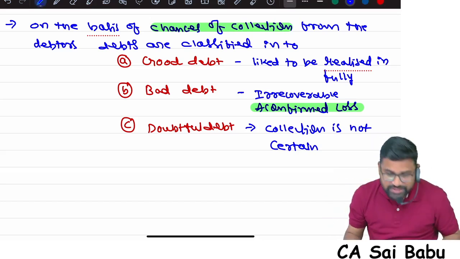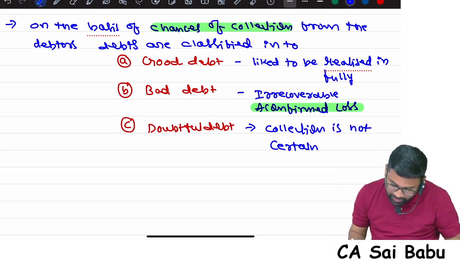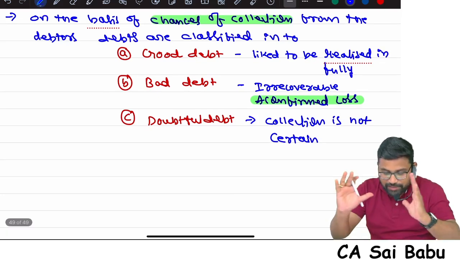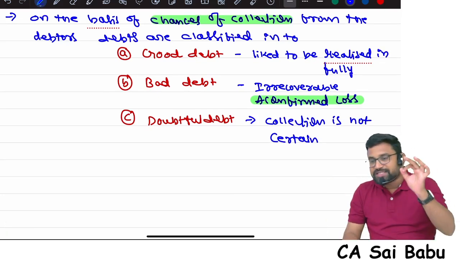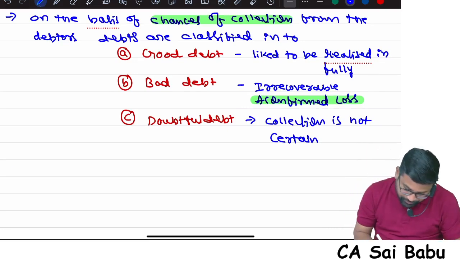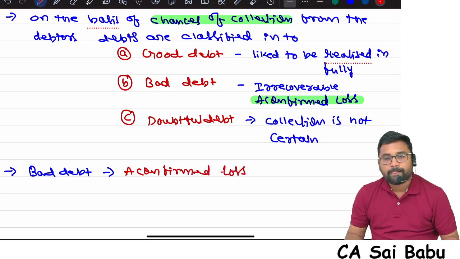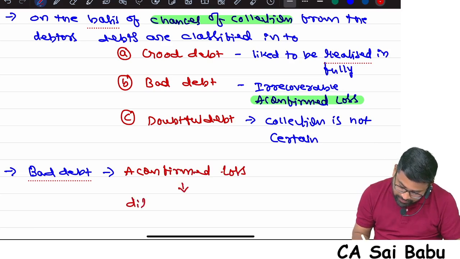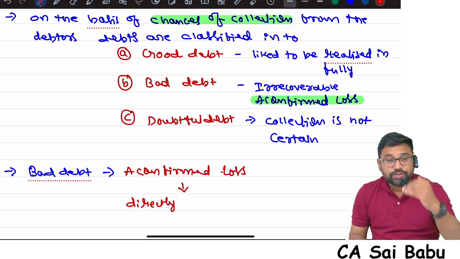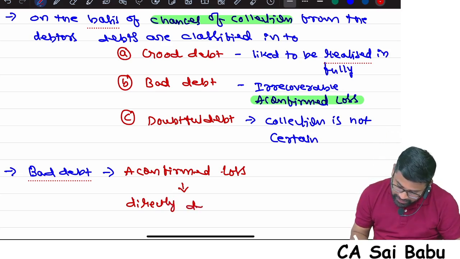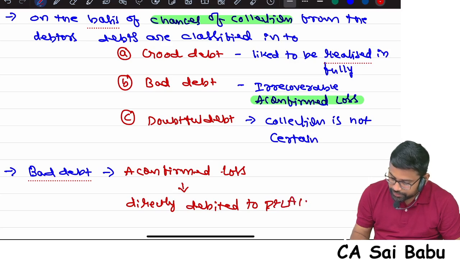So this is the accounting for bad debts. Basic accounting treatment I am explaining, sir. If it is a bad debt, it is a confirmed loss which cannot be recovered from the customer. So what we need to do: directly debit it to the P&L account as a loss.